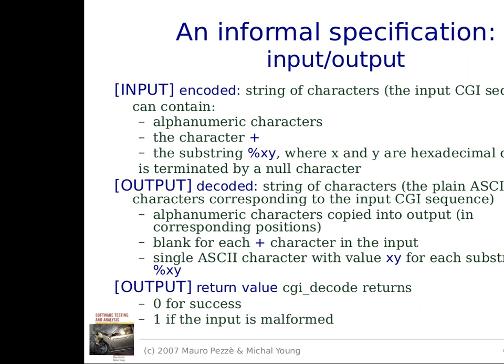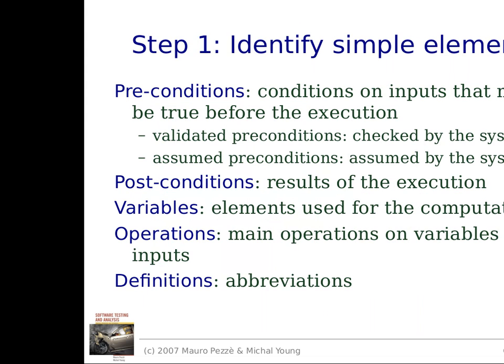Your output is going to be the string of characters in plain ASCII, where they've taken all the alphanumeric characters, copied over, a blank for each space or plus, and a single character value with xy for the substring %xy. Notice this program is going to have two outputs. One, the string, and the other is a return value, where 0 is success, and 1 if it's somehow malformed or didn't work out.